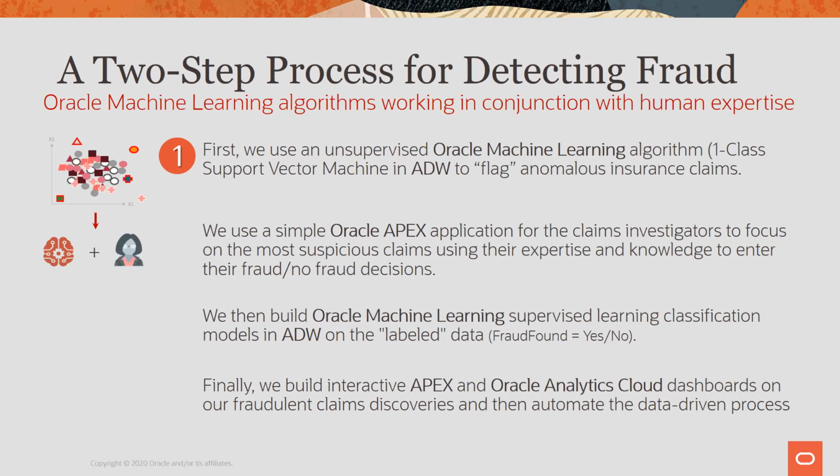Then this is where Do-Hoon's going to step in, and he's going to show an Apex application that he built. It's a fairly straightforward application, though you can do more than this, but it's very useful and very powerful. The idea is that the claims investigators are going to be able to focus on the most suspicious claims. So I'm going to use machine learning in an unsupervised way to flag those records that stand out as something's going on here.